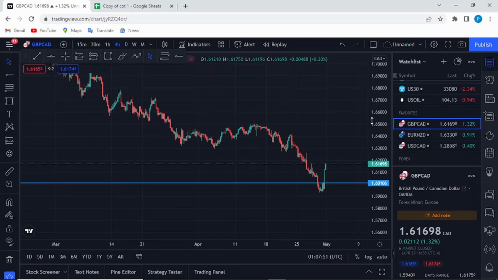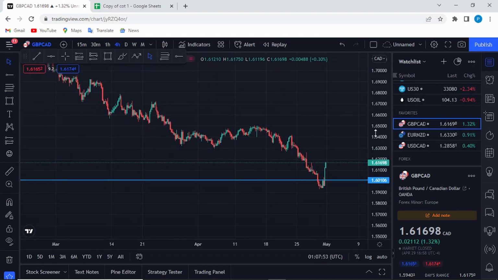Now the technical analysis of the higher time frames showed that price is poised for an upward move, but the Canadian dollar too is stronger than the GBP at the moment. Let's try identifying the areas of support and resistance in this market.